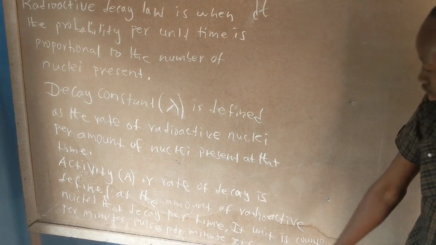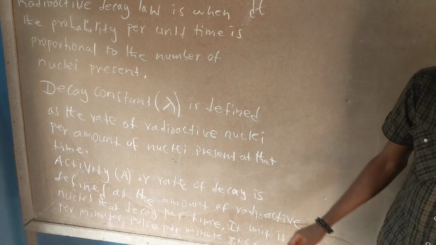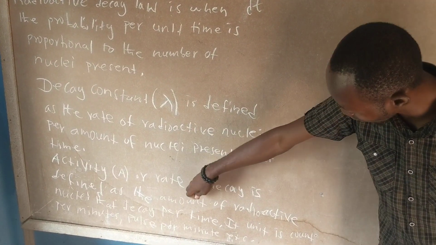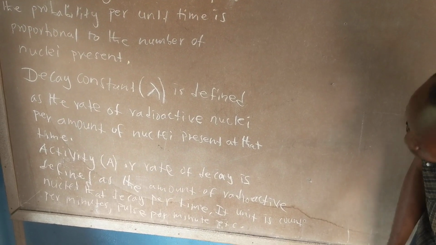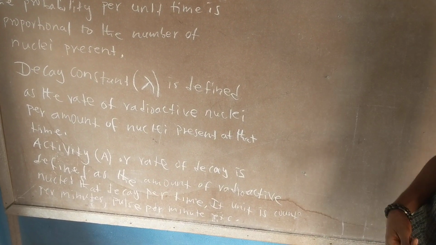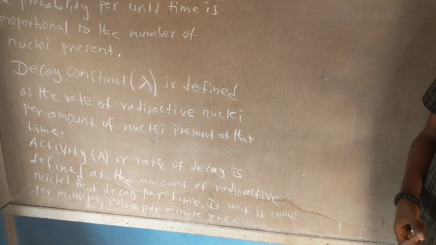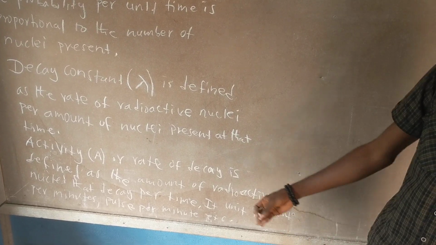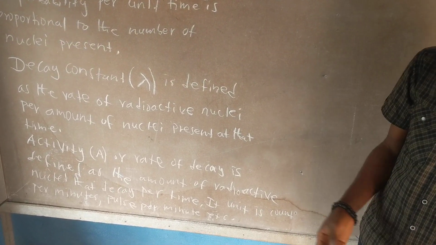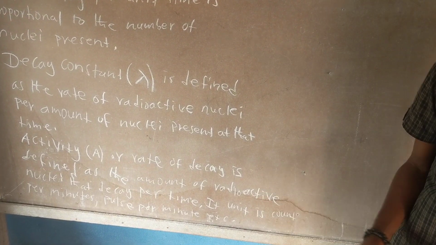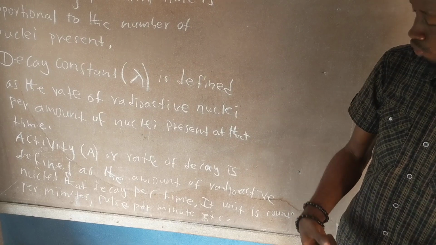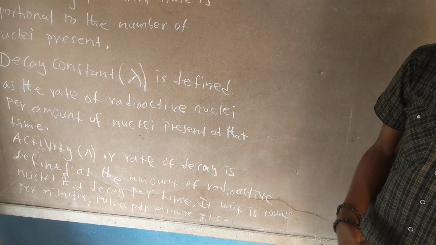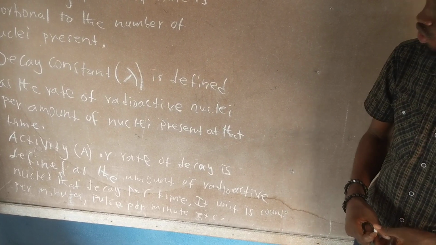The activity, or rate of decay, is defined as the amount of radioactive nuclei that decay per unit time. We have various units, which include the count rate, pulses per minute, and the number of atoms.